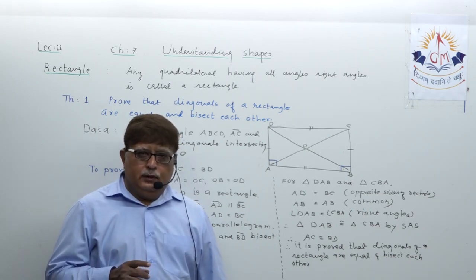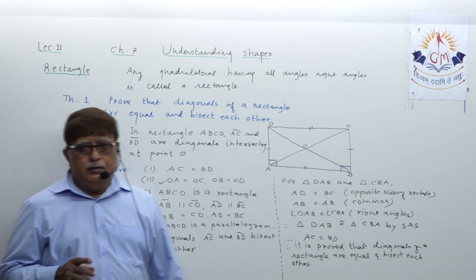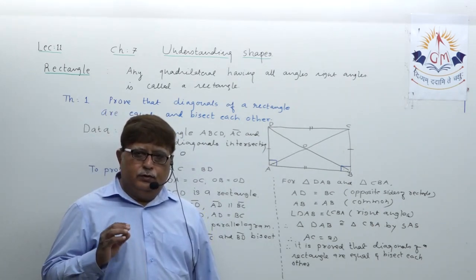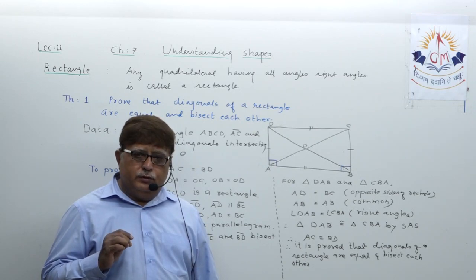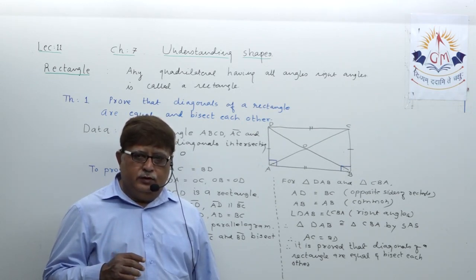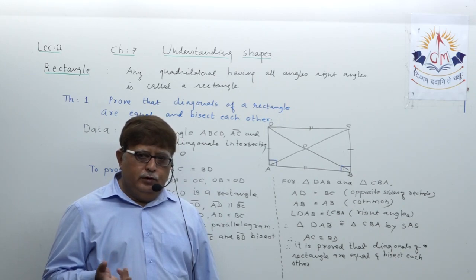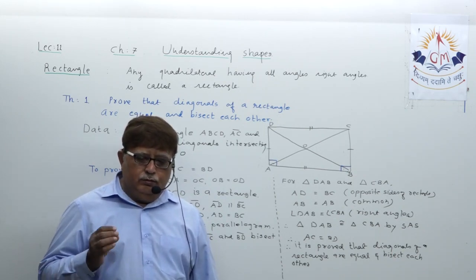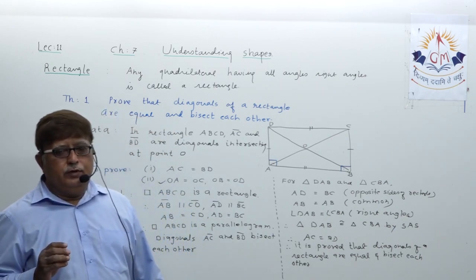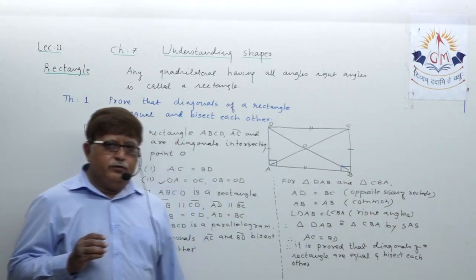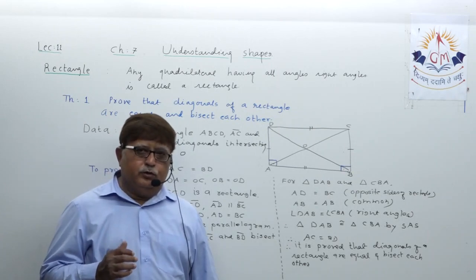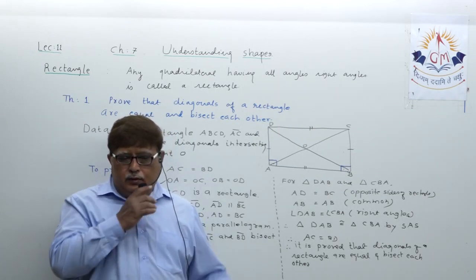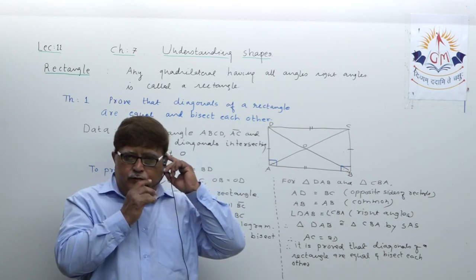Fifth, diagonals bisect each other. So suppose I may ask in any test in 3 or 4 marks, write all properties of a rectangle, keep all 5 in your mind. You understood this?